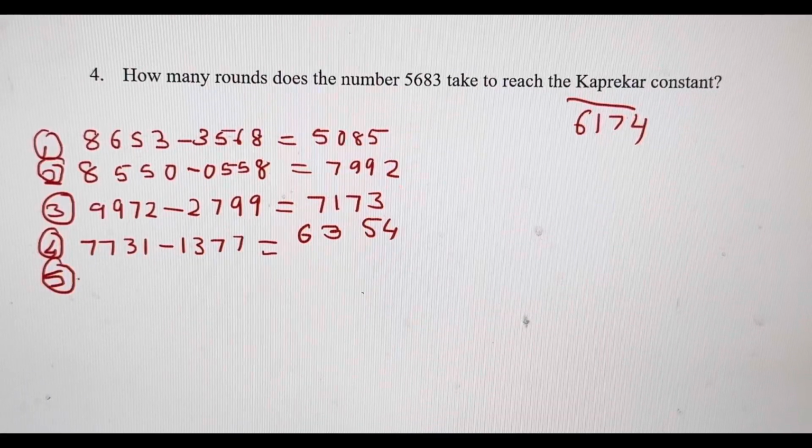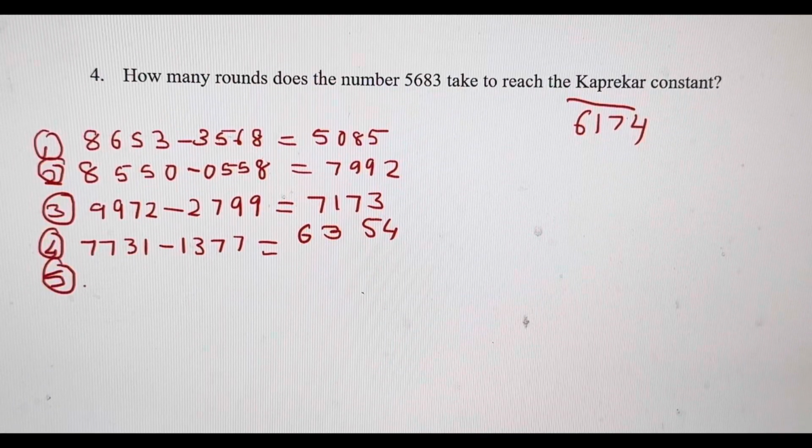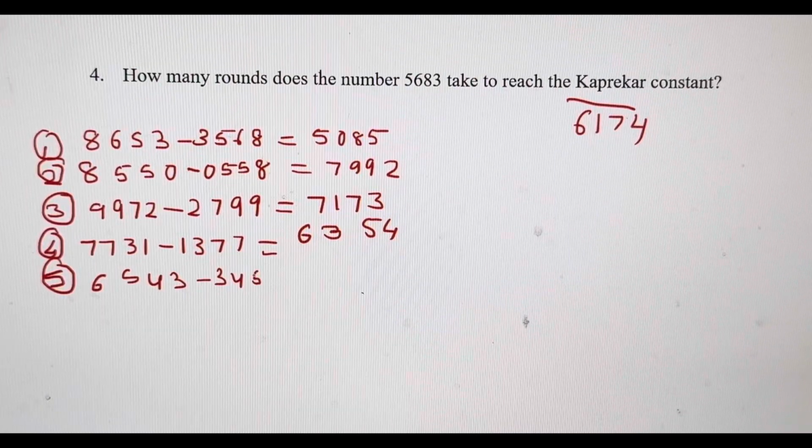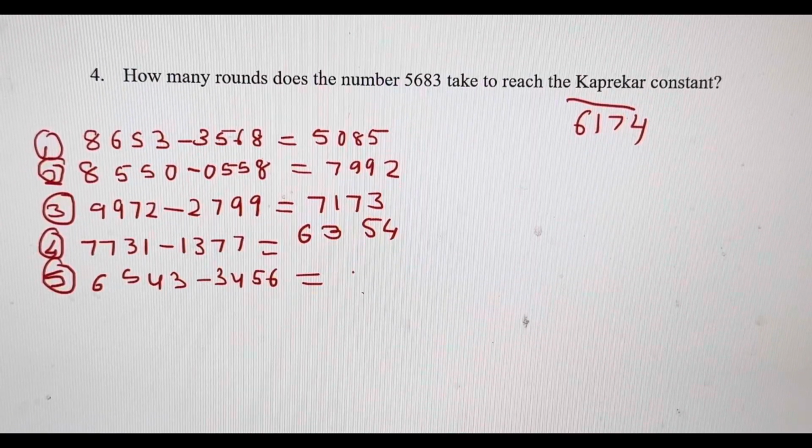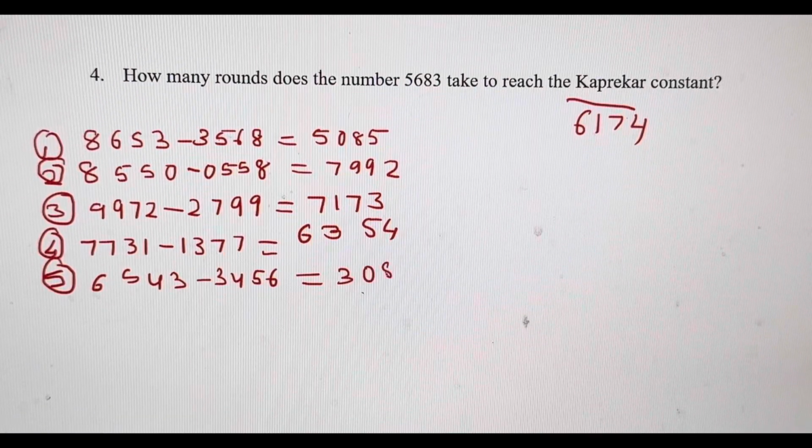It is said that you get the answer in 7 steps, maximum 7 steps. So let us see what happens here. Now if you form the largest number from this, it is 6543 minus 3456. The difference will be 3087. Still we have not got it.